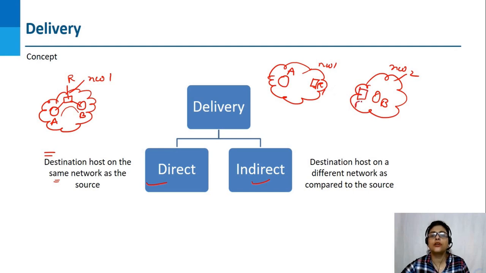We have another router here, R2. These two are connected through some network. Now, if a packet has to be delivered from host A, it has to go to its own router. From this router, it has to be delivered to the router of the other network and finally to the destination. So this is known as the indirect delivery.